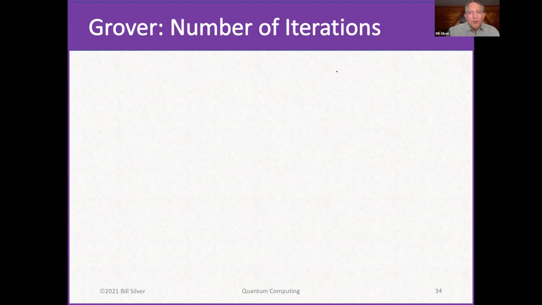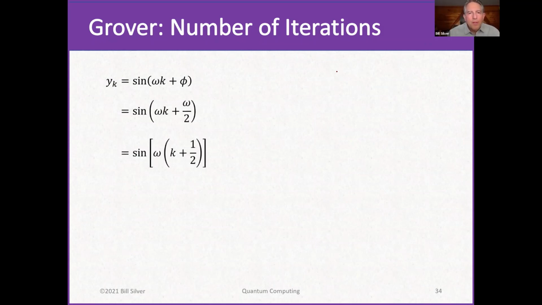So what I'm going to do here is, there's my formula for the y amplitude. I now plug in what I know to be the frequency and the phase. All right. Factor out the frequency. And what I really want then, in order to find the peak, since this is a sine function, is for this to be approximately pi over 2. Because pi over 2, that's where the sine wave is a maximum, very nearly 1.0.